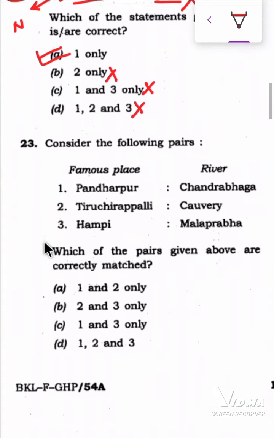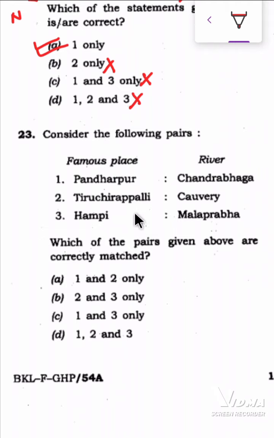Now let's go to question number 23. Consider the following pairs. Pandharpur, river Chandrabhaga. Second, Tiruchirappalli, river Kaveri. And Hampi, river Malaprabha. Pandharpur is a very religious place for Hindus.